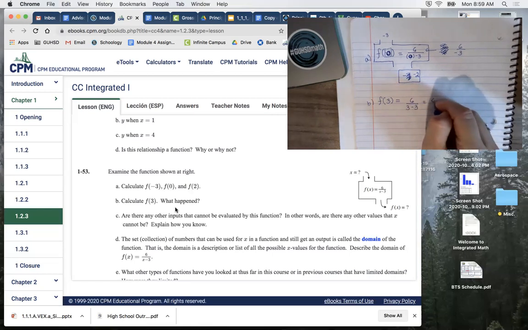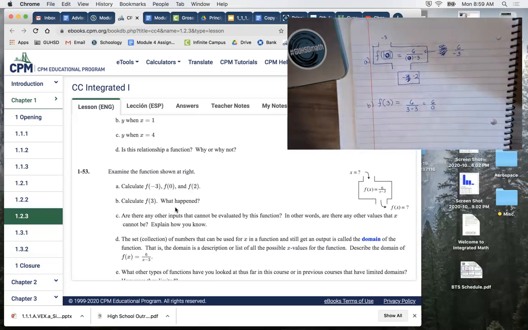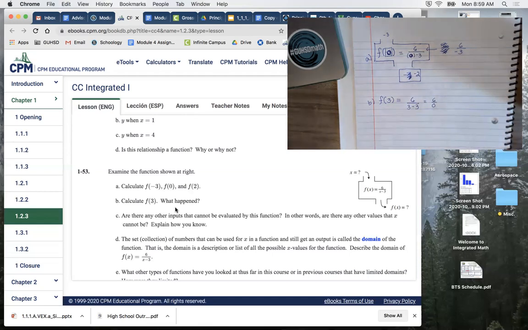This is 6 over 0, which is a huge math no-no. In fact, even in my cell phone calculator, I'd venture to guess that when I go 6 divided by 0, it's going to say error. So that's not something we can have in math.